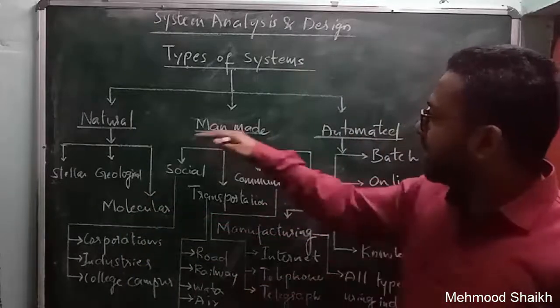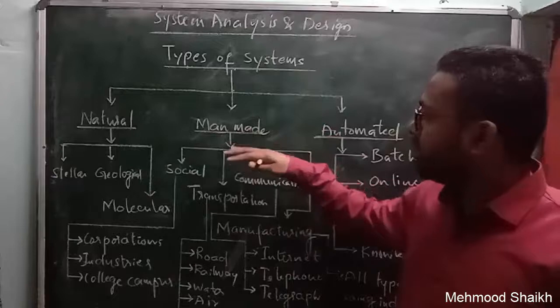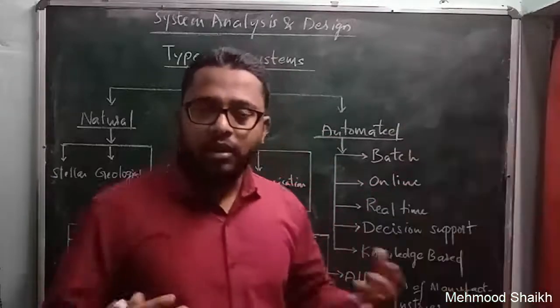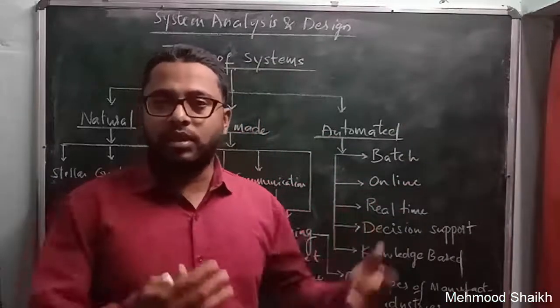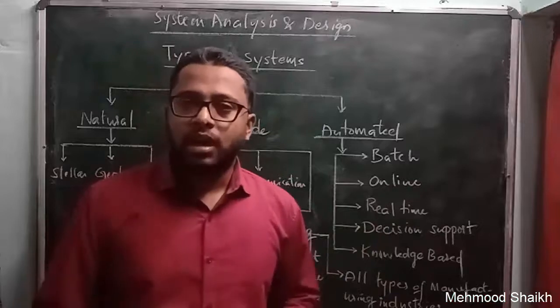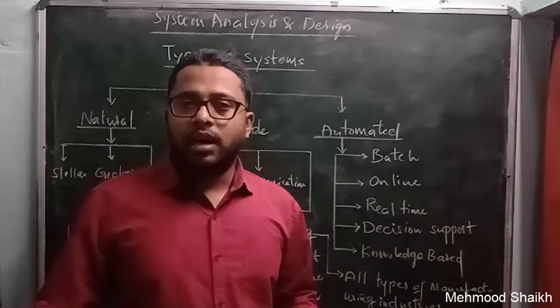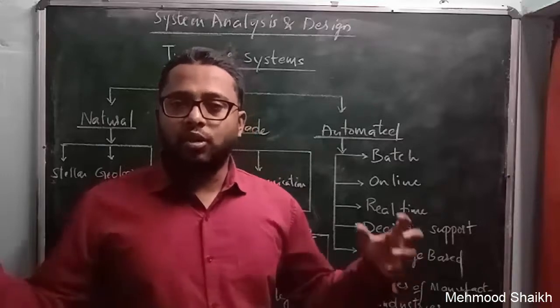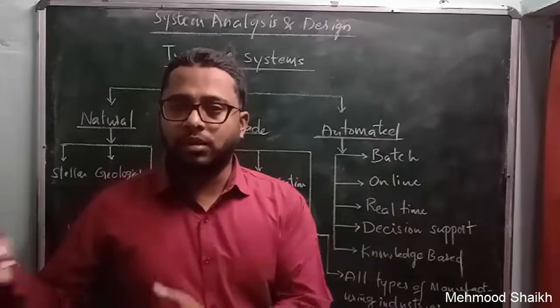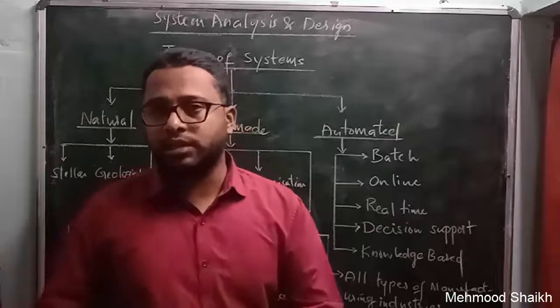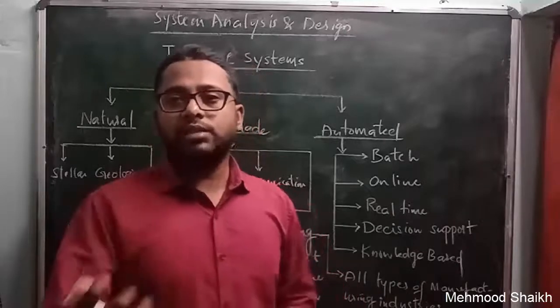The second type of system is the man-made system, and we already discussed when we were discussing the definition of a system that a system can be a group of people working together, with the help of machinery and computerized systems, to achieve a task.